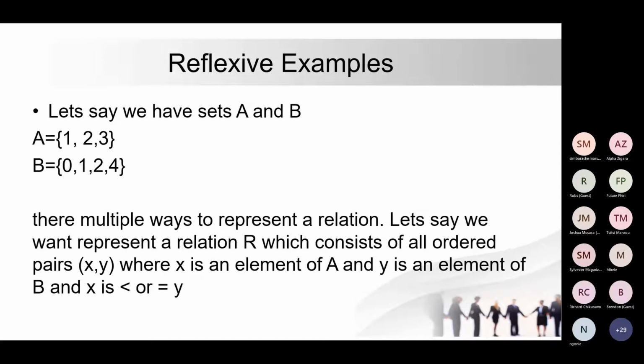Let's define a relation on the set of integers, represented with a capital letter Z. Every integer is equal to itself: 0 is equal to 0, -1 is equal to -1, 2 is equal to 2, and so on. So every integer is related to itself. Hence, the relation "is equal to" on the set of integers is a reflexive relation.